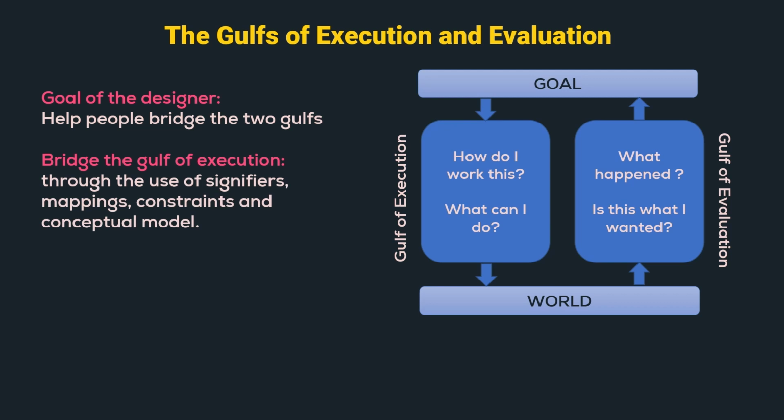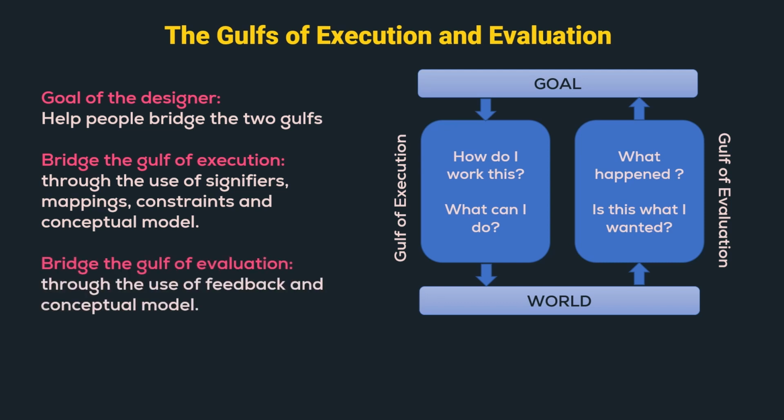We bridge the gulf of execution through the use of signifiers, mappings, constraints, and conceptual model. And we bridge the gulf of evaluation through the use of feedback and conceptual models. For example, while using a washing machine, if the user correctly understands the settings and performs correct actions and the load is completed successfully, then the human-machine interaction is successful.